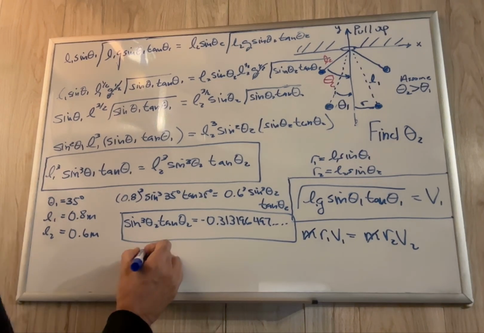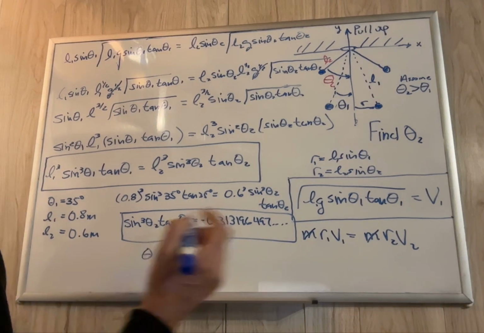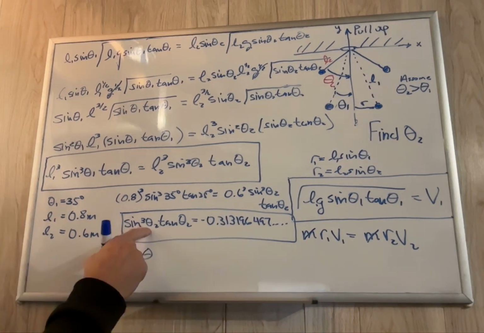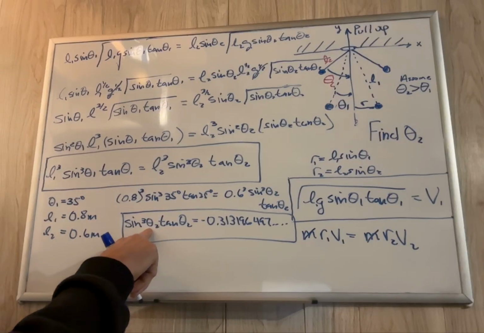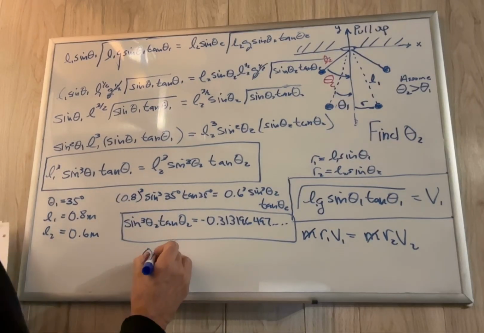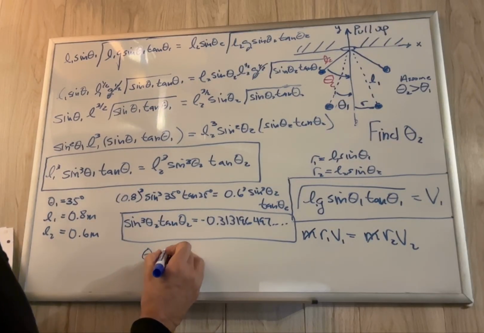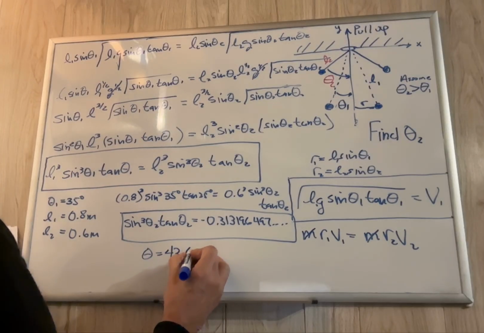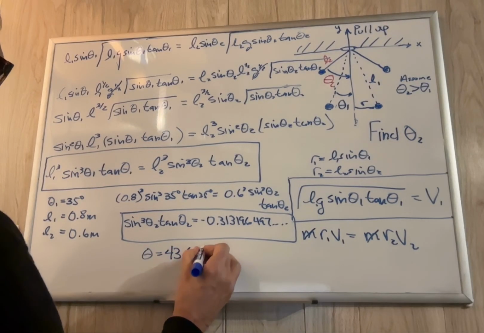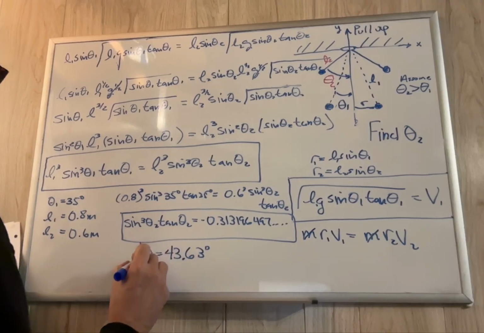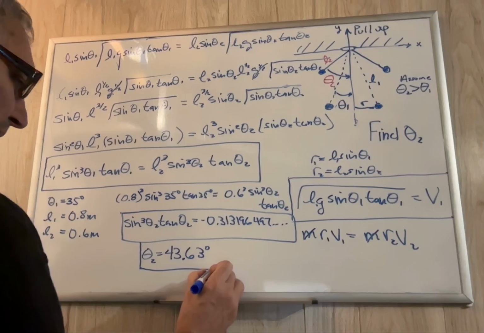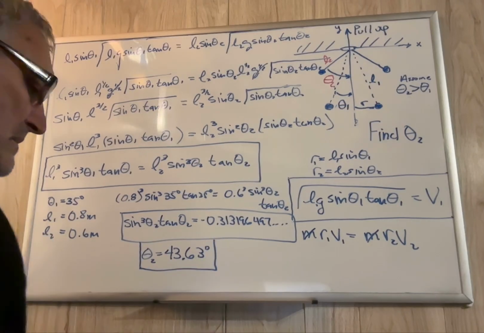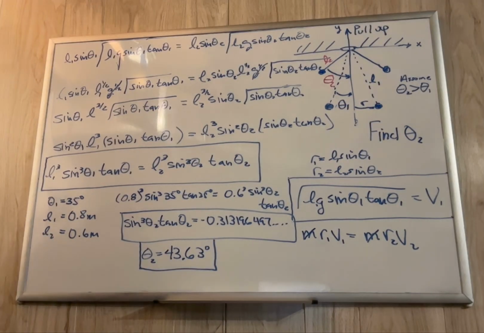If you know how to do it, please leave in the comments how you would solve this thing, because I'm not sure how to do it. Mathway came up with 43.63 degrees. This is theta 2, our answer. Amazing. Totally amazing.